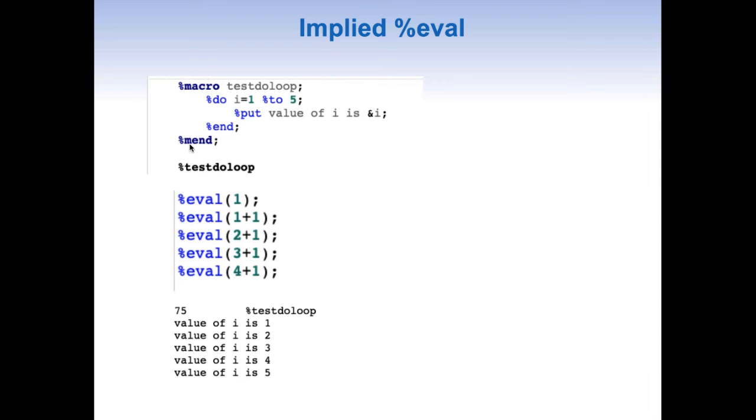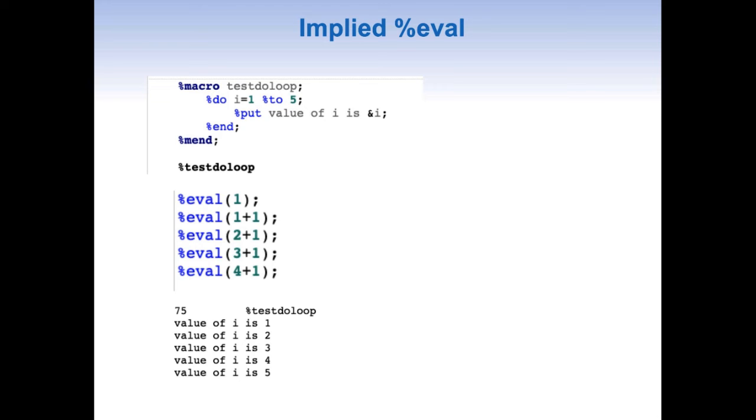So what actually happens when we create this macro, compile it, and execute it, is this. Our %eval is running behind the scenes, and what it does is it creates the value of 1 in the first iteration, and then in the second iteration it adds one more, but behind the scenes %eval is running something like this, wherein after it becomes 2 it adds one more. %eval runs behind the scenes.